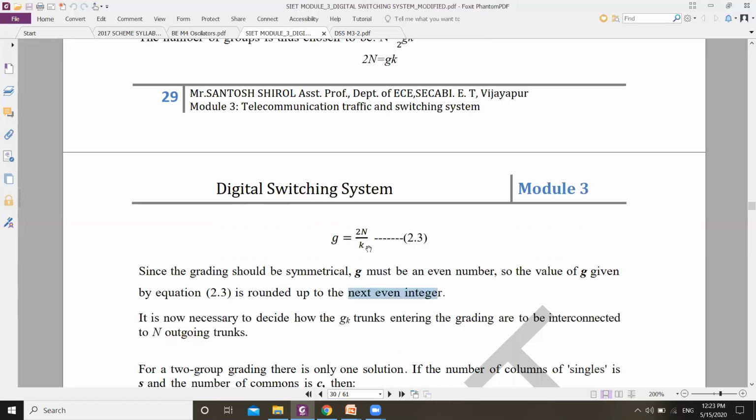Let us say if we get a G value of 3, then we cannot make a grading or a grouping by making use of an odd number of trunks, right? So to the odd number 3, the nearest even number is 4. So whatever G value we get will be rounded up to the next even integer.